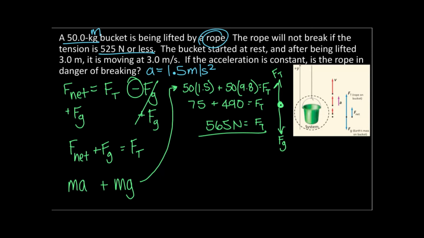But since our tension is over 525, it's 565, that means this rope is going to break. At some point in time, this rope is going to break, because whatever's in this bucket, or just the bucket, maybe it's just a crazy heavy bucket, this bucket is too heavy for this rope. And so it's just going to snap.